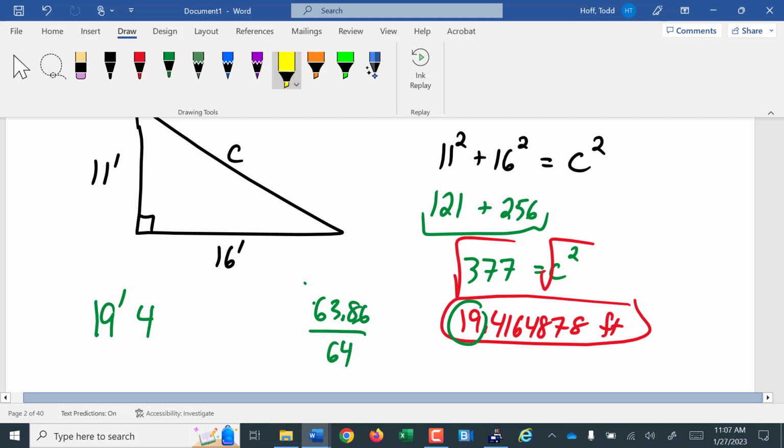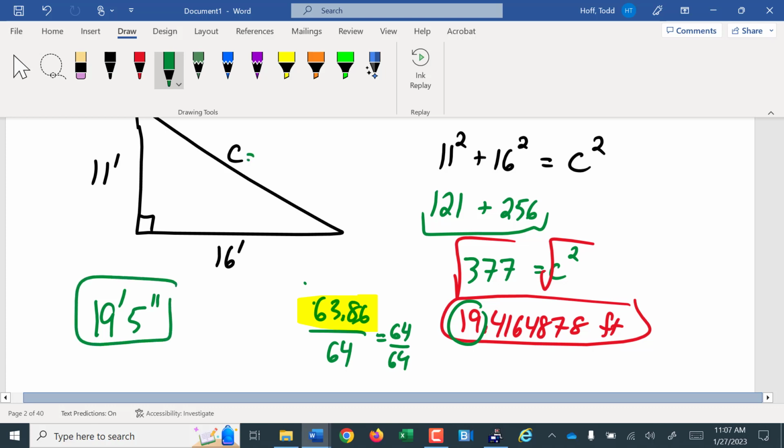Well, this number has to be rounded. It's between 63 and 64. It is closest to 64, which would be 64 64ths, which would be 1 inch. So we go back here, and the 4 inches becomes 5 inches. So if we were measuring this out across here, this would be 19 feet, 5 inches.